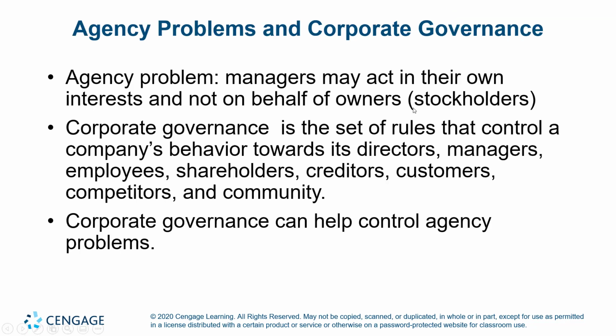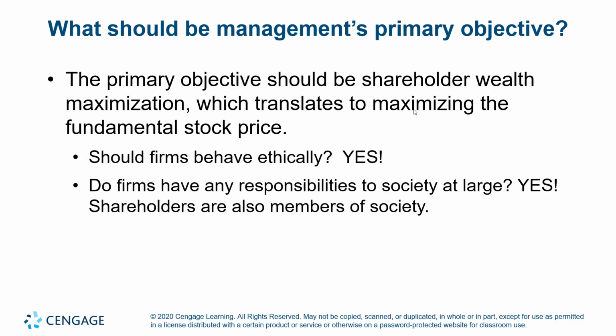Okay. And as I talked about the agency problem and corporate governance, what should be the primary objective? The primary objective should be shareholders' wealth maximization, which translates into maximizing the fundamental stock price.